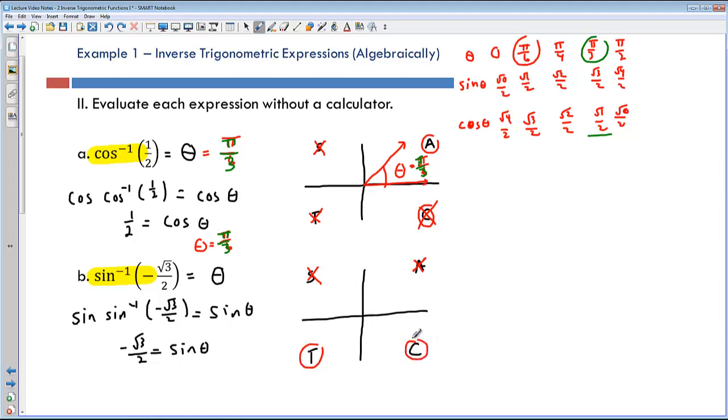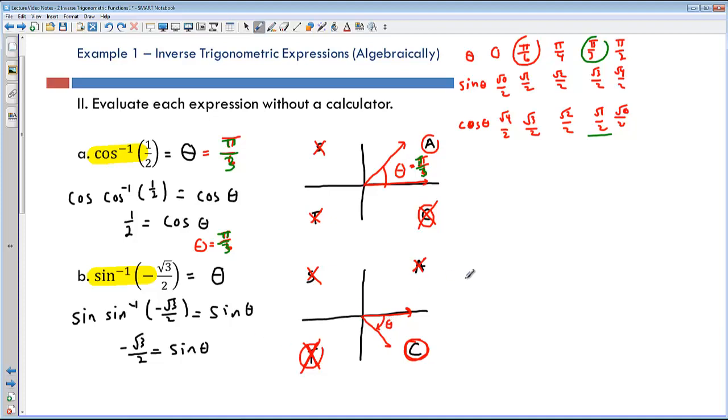Now you have to choose one. Remember, we're starting here along the x-axis, and the closest one is C. So that's the one we're going to pick. In fact, whenever we're working with inverse trig expressions, we'll never be in this quadrant down here, so you can always exit out. So this is the best quadrant when you start here, and so our angle, theta, must be right down here. So that's our angle, theta.